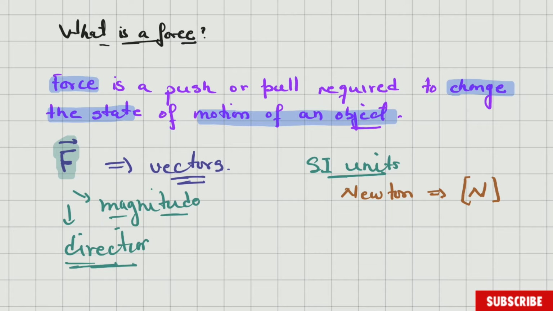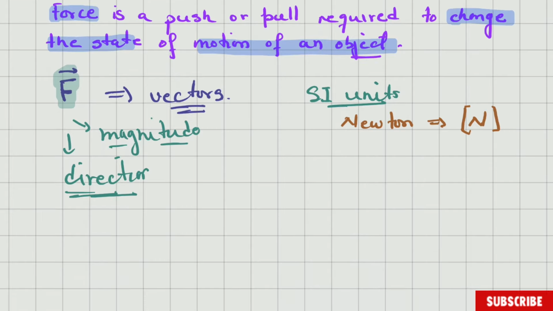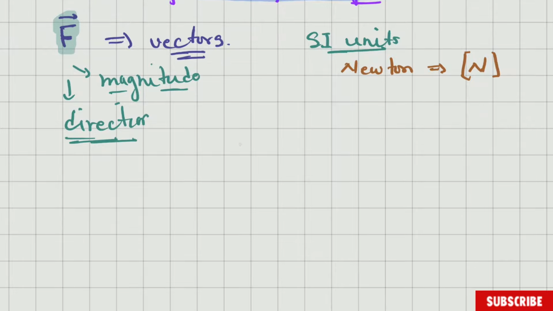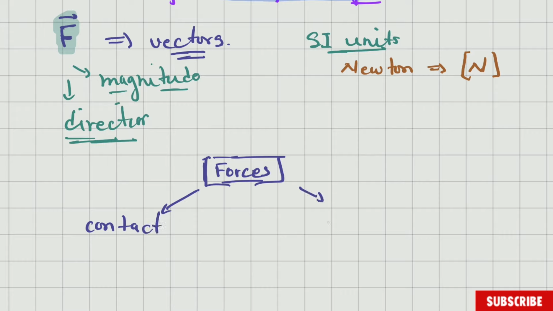Okay, so far so good. We know what force is, we know the symbol as well as the unit. What else? There are two main types of forces. One of them is the contact force, and the other one is the non-contact force.